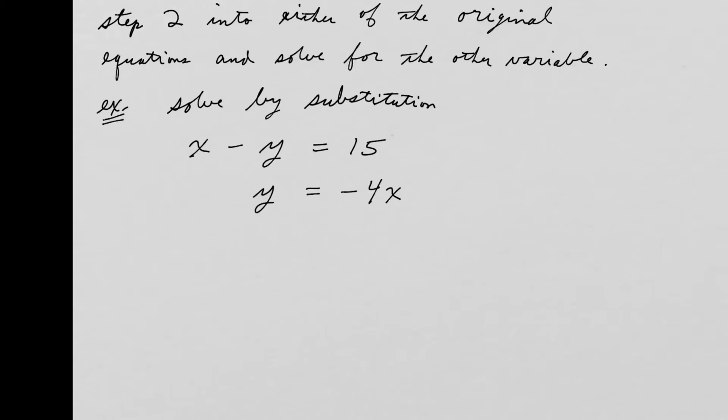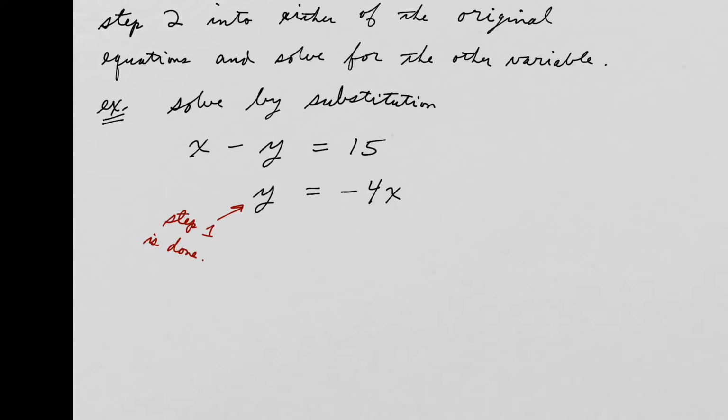If you look at this system of two equations, if we want to use substitution, the first step is already done, right? Because if you look at the second equation, I've already isolated the y. I've gotten the y by itself.